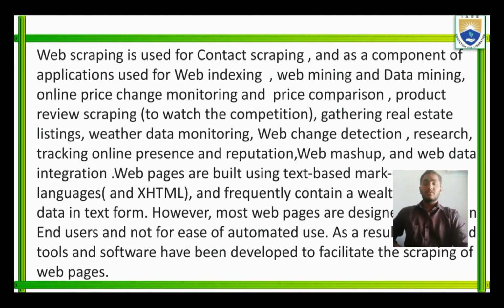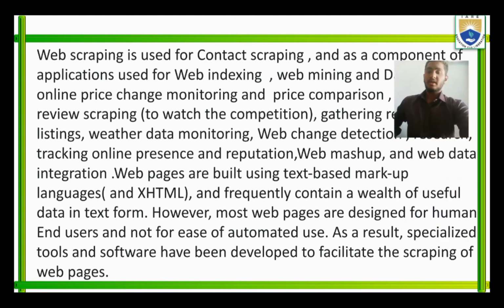Web scraping is used for contact scraping, and as a component of applications used for web indexing, web mining and data mining, online price change monitoring and price comparison, product review scraping to watch the competition, gathering real estate listings, weather data monitoring, web change detection, research, tracking online presence and reputation, web mashup, and web data integration.